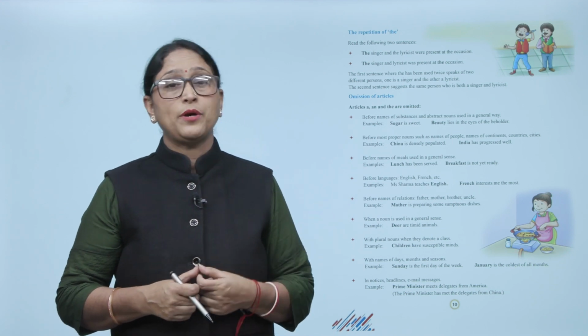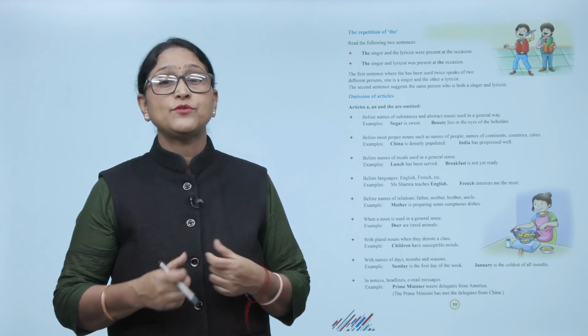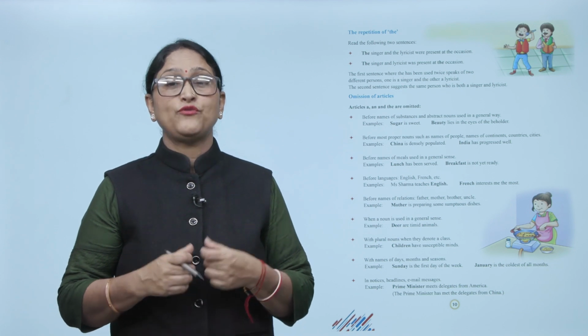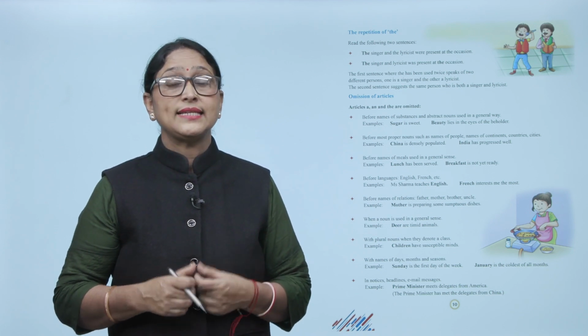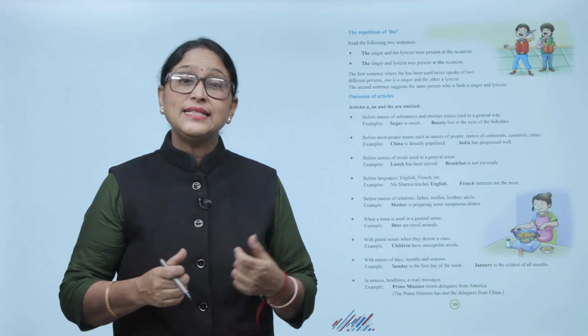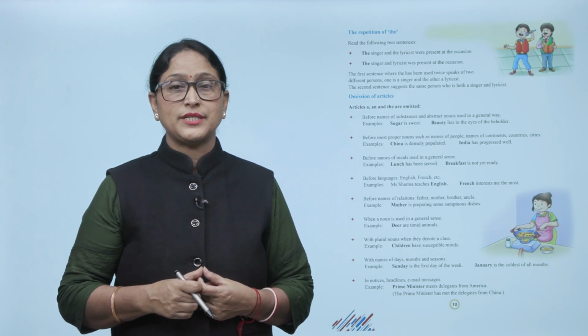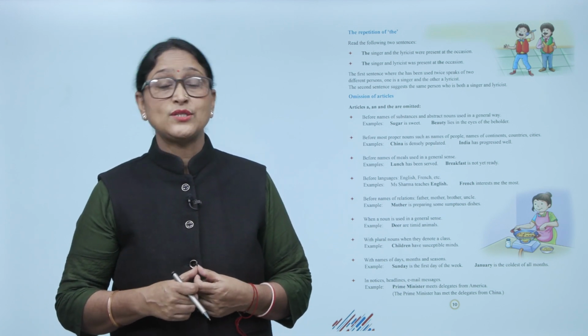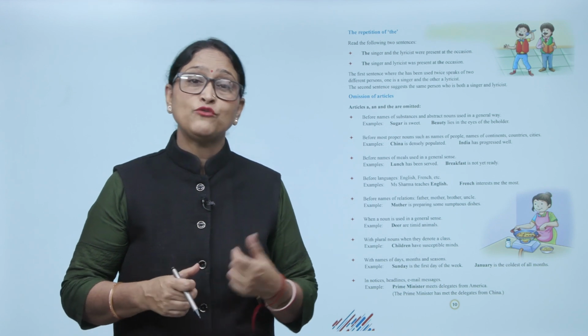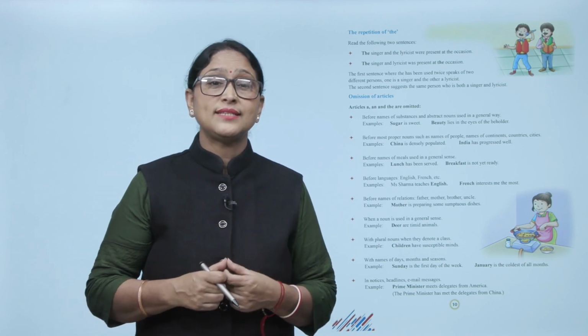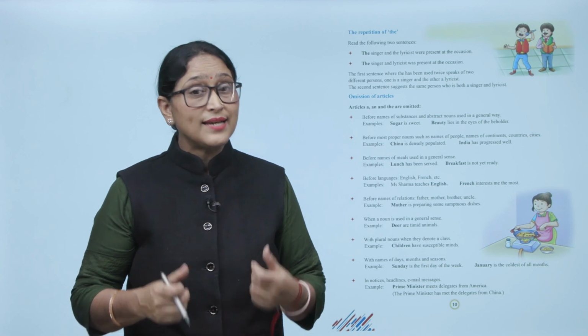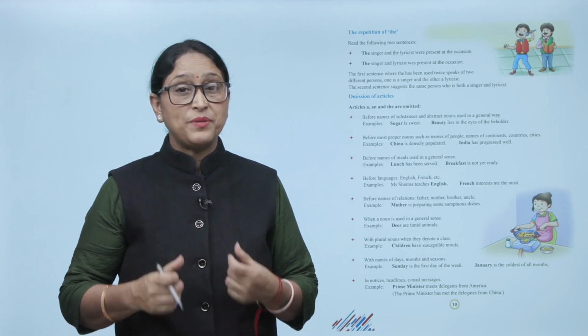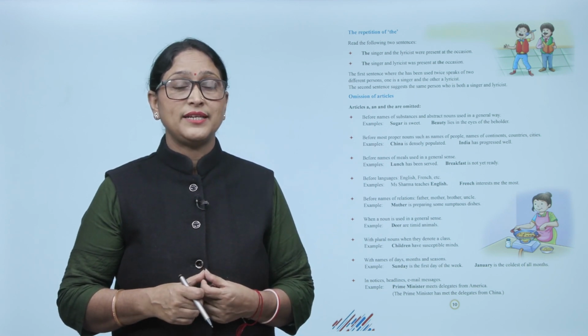Before most proper nouns such as names of people, names of continents, countries, cities. Example: China is densely populated. India has progressed well. Before names of meals used in a general sense. Examples: lunch has been served. Breakfast is not yet ready.